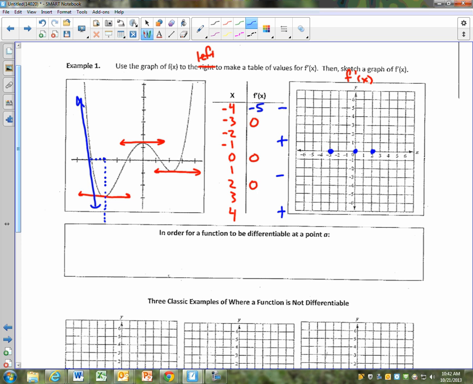Now let's look at the slope at negative 2. Again, I'm going to draw a tangent line. So it looks like if I go over 1, I go up what? 2. I would say that, would you agree, a slope of 2 is a good approximate value? Okay, let's try negative 1.